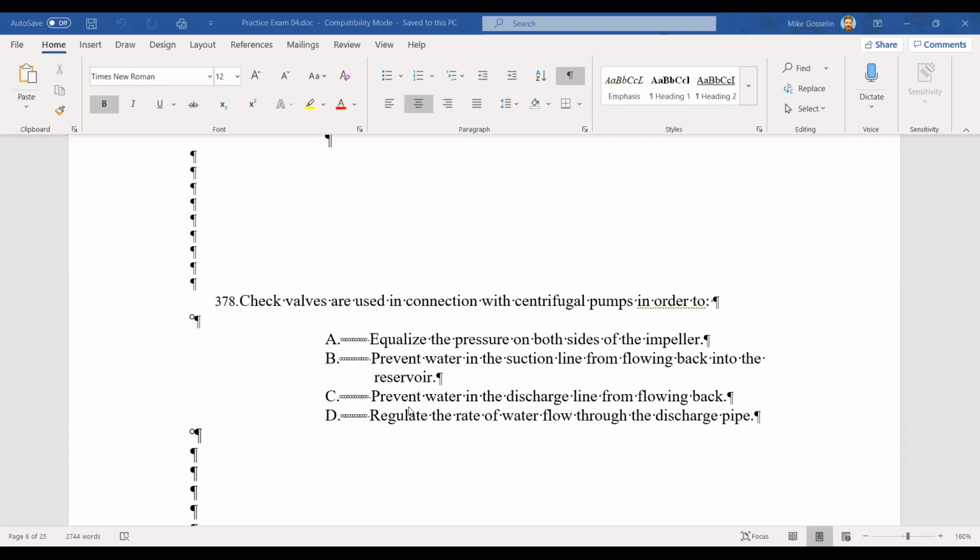But these questions are about what's happening on the discharge side of the pump. Because the valve is on the discharge side, it's to stop any flow from the discharge from flowing backwards. If it did flow backwards, you're correct, it would flow through the pump and then into a tank or reservoir, but it's to prevent water on the discharge side from flowing backwards. And just remember that the check valve is always located on the discharge side.